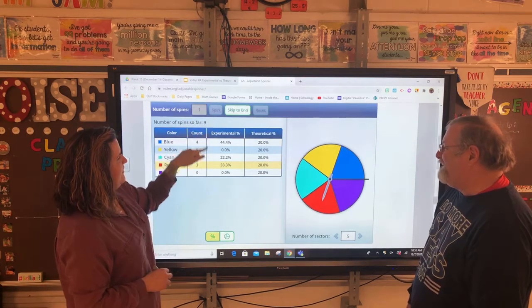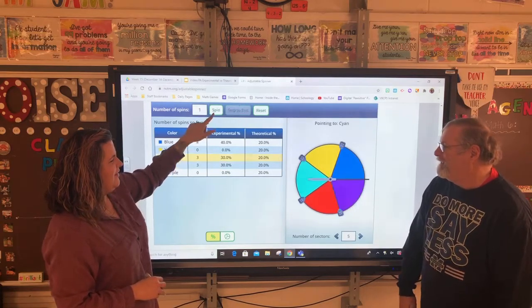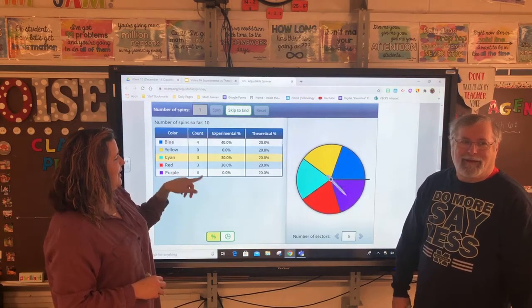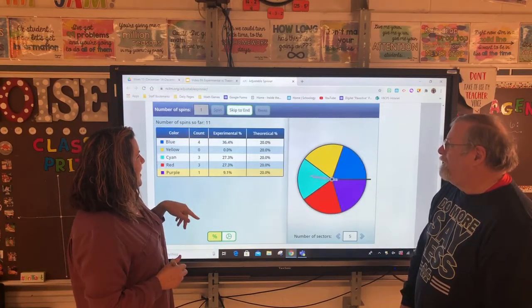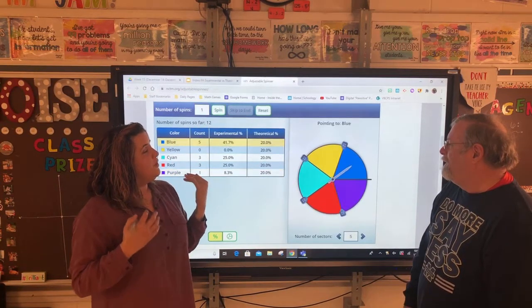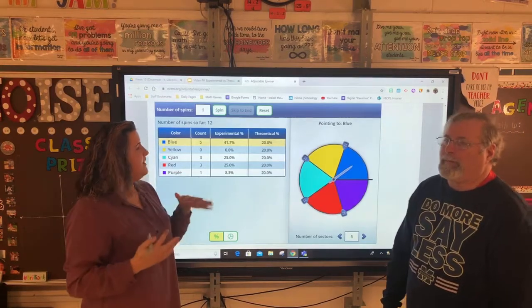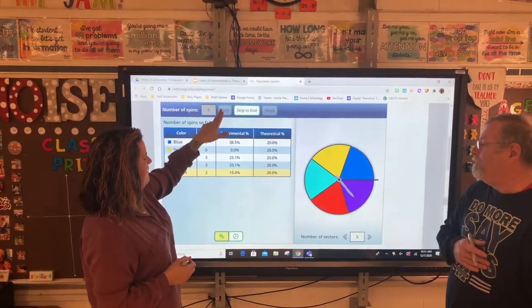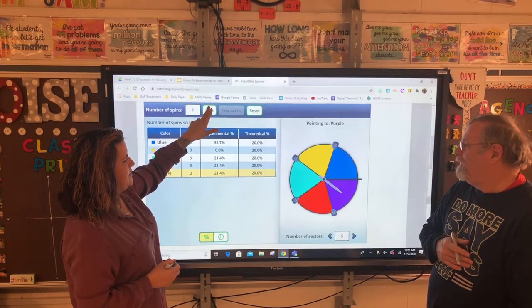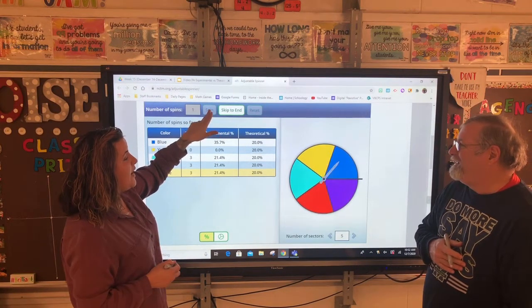Look, it hasn't hit yellow yet. Poor yellow. Yellow gets no respect. Neither did purple, and those are Larkspur colors. Oh, purple finally got in there. So the more we do it, the closer we'll get to these numbers, and eventually, if you do it enough, they'll all kind of even out to that 20% theoretical.